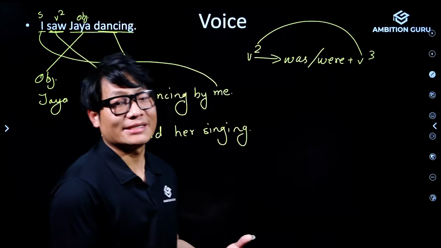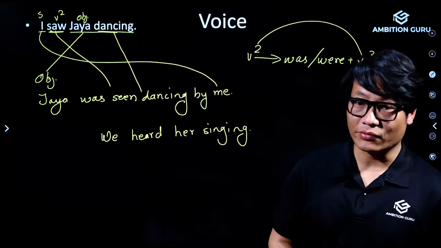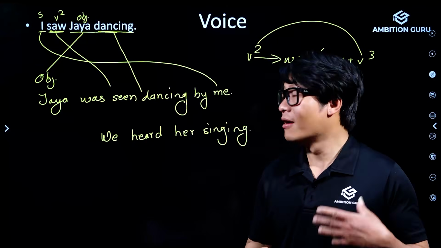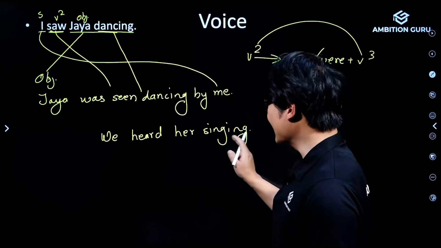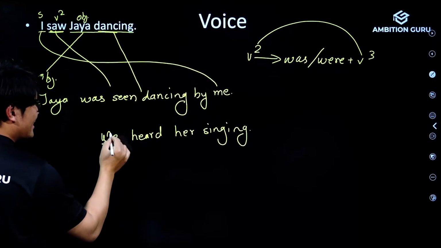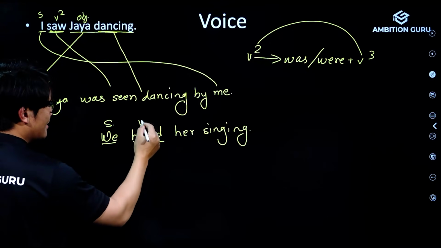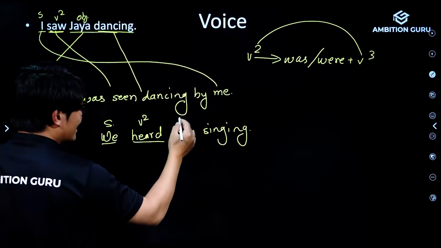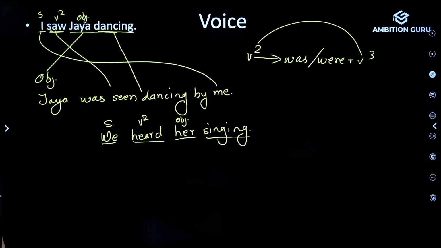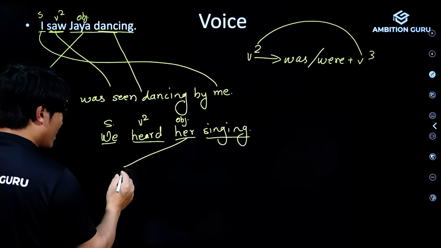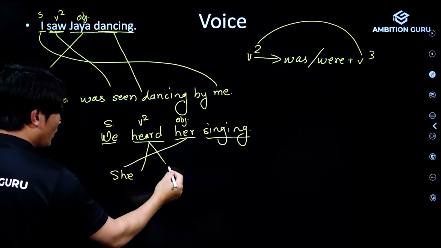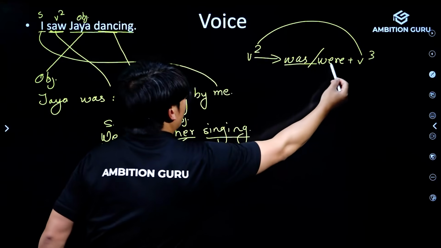Okay, yes, I can see Sushant, Riti, Kritika, Dios. Wow, I can see the beautiful answers that you are sending me. Very good. We heard her singing. It's like I saw Joya dancing. So we is the subject, heard is verb 2, her is the object, and singing is the complement here. So we need the object first, so here should be She. And verb 2 should be divided into two parts, like be verb and verb 3.